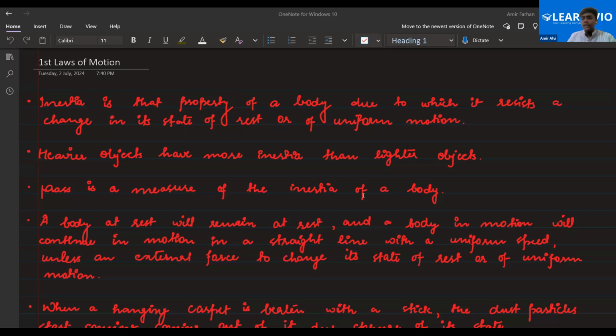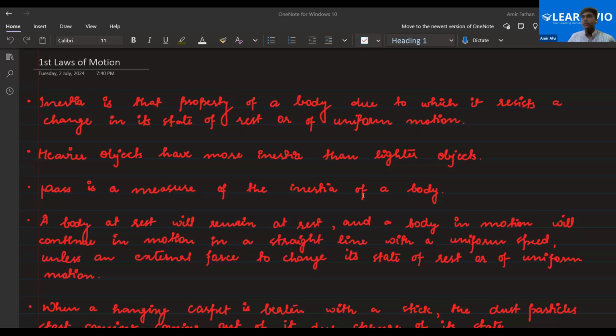You must have seen that it is almost impossible for a single person to push a bus and make it move. Is it possible? No. But it is possible for a single person to displace a car single-handedly, or even with two hands, because a car is not that heavy.